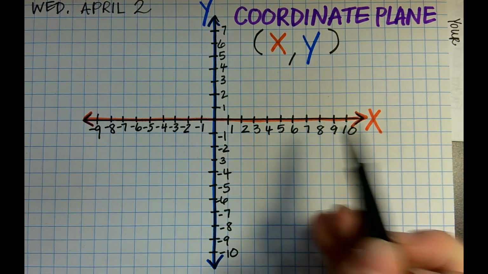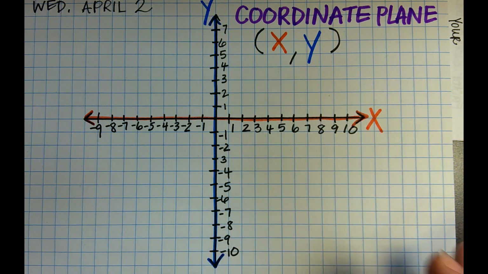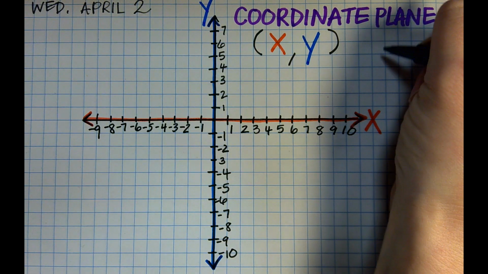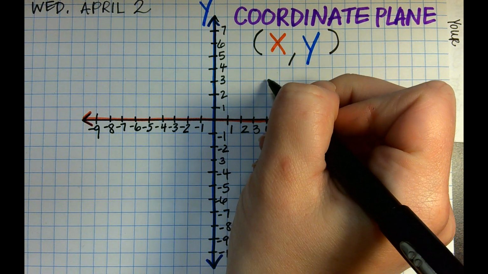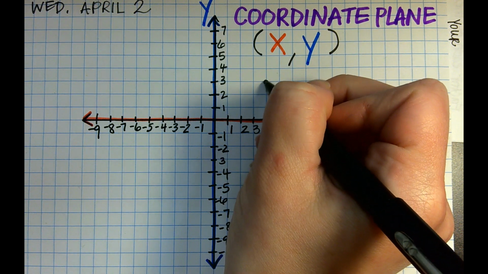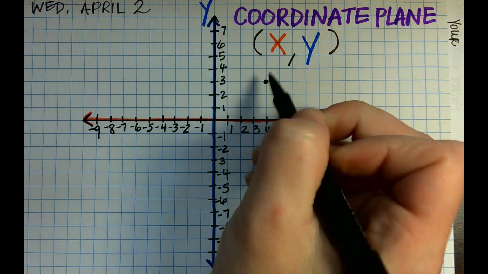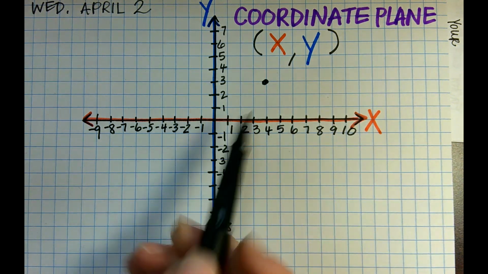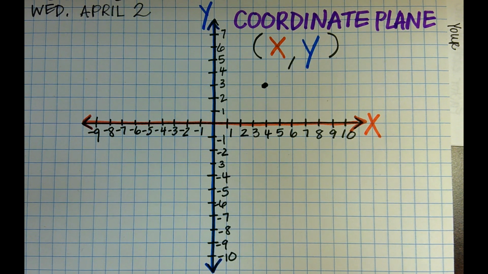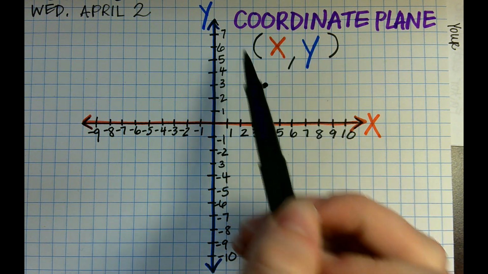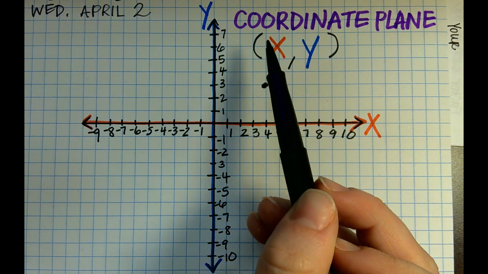So, what we'll do with this is I'm going to just put some random points on my graph. I'll start with this one here. And we're going to talk about how would we name this point. So on our coordinate here, we have an x and a y.